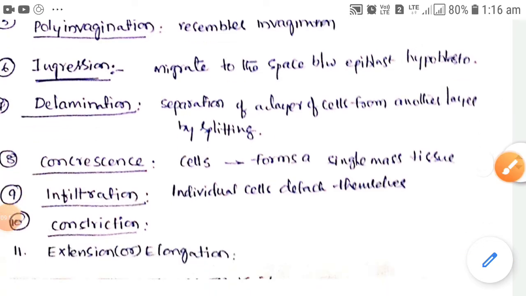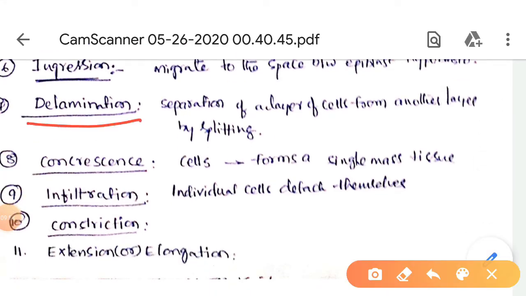And the next one, delamination. Delamination refers to the separation of a layer of cells from another layer by a splitting process.